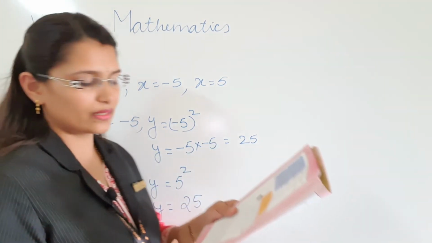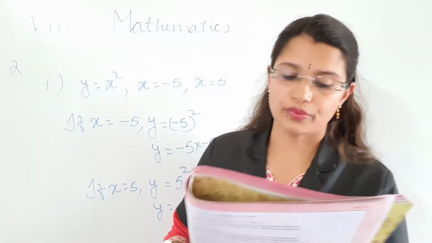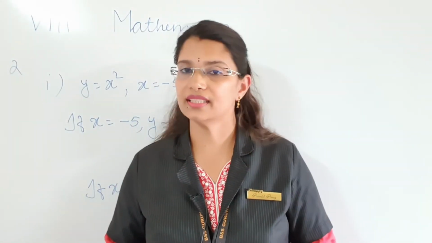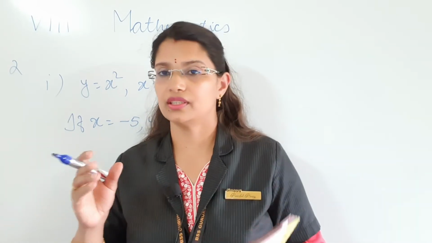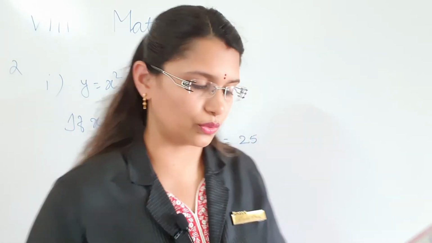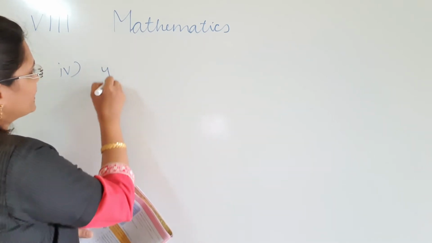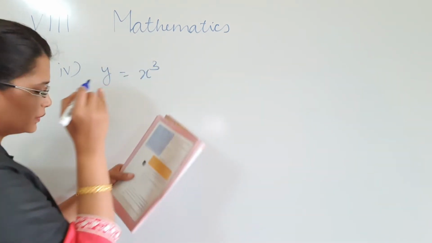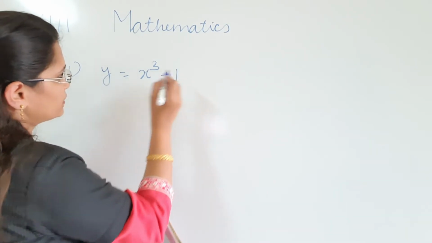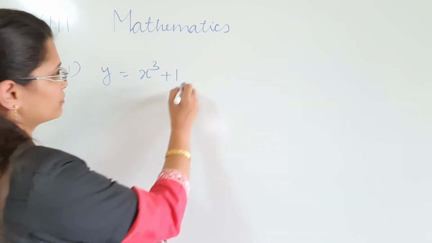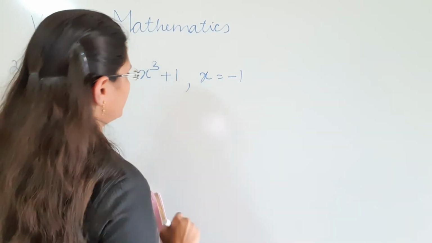Is this clear, children? Now let's do fourth question. Second and third question you do it as homework. Fourth question cube is coming, that's why I am going to do now. Fourth sub question, y is equal to x cube plus 1, x is equal to minus 1.